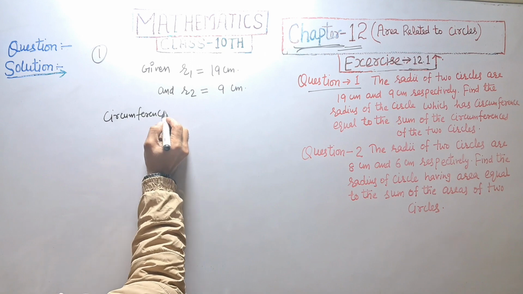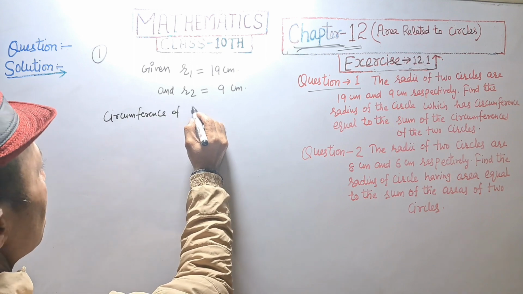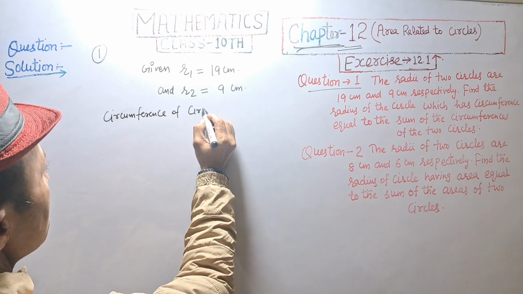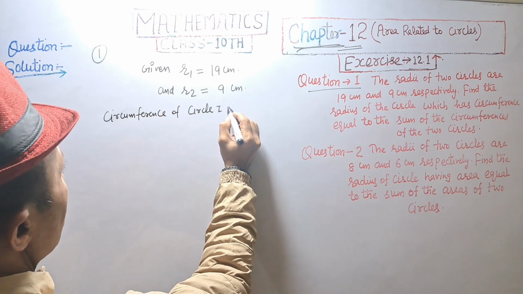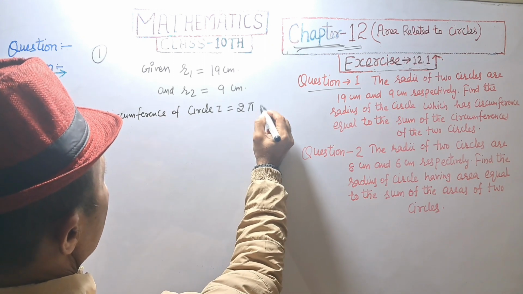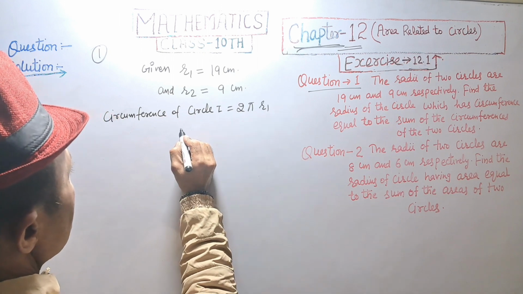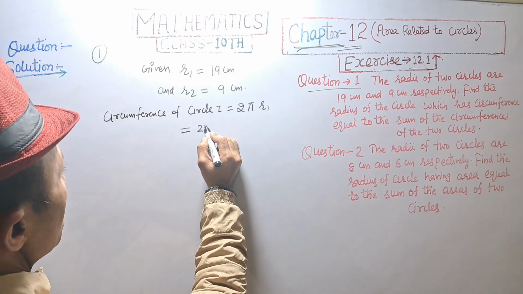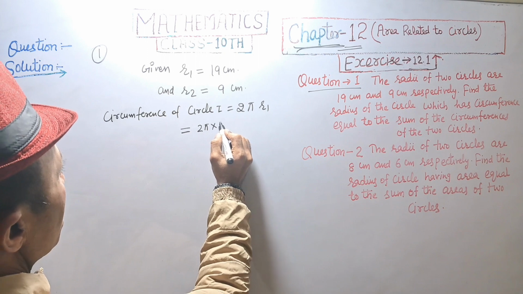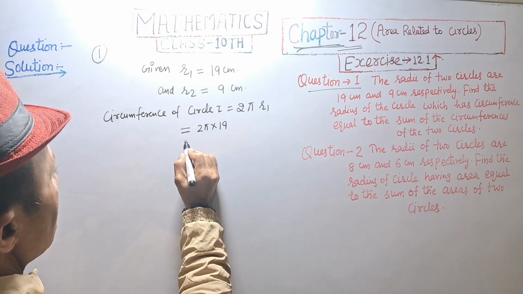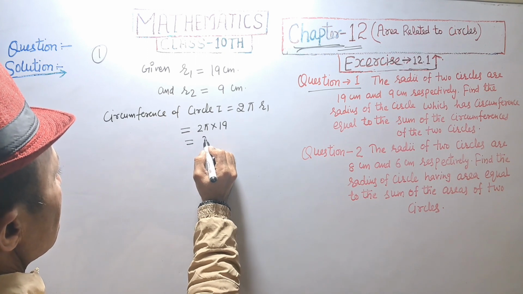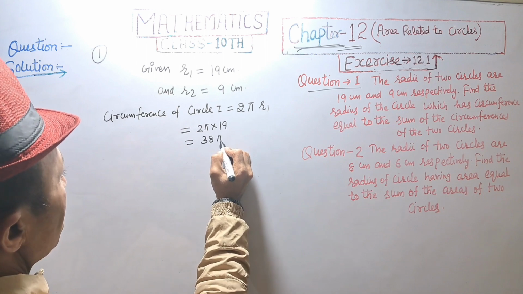Circumference of circle 1 is equal to 2 pi R1, that is equal to 2 into pi into 19, that is 38 pi.